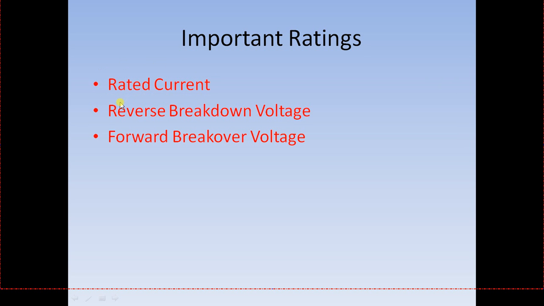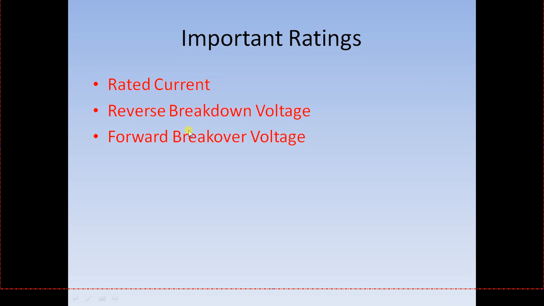Reverse breakdown voltage: if we apply reverse voltages greater than the reverse breakdown voltage, junctions J1 and J3 will undergo avalanche breakdown and the device would be ruined.